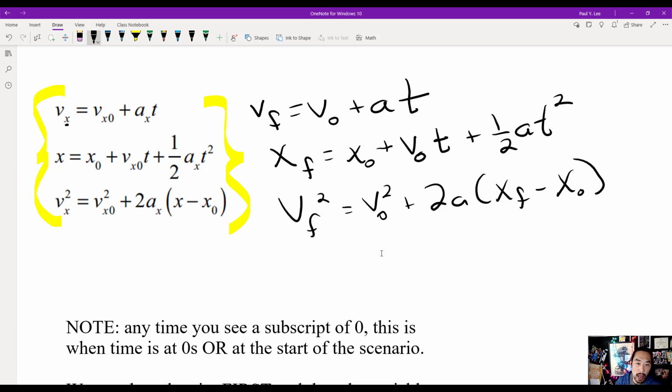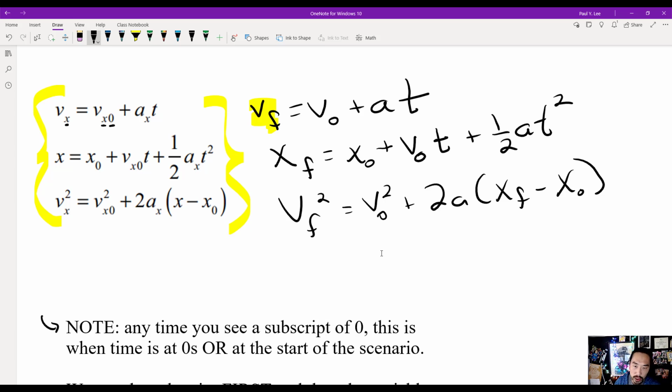But here I have v sub f, which tells us we are looking at the final velocity. Here we have v x 0, where once again we're looking in the x-axis, but that 0 represents initial.